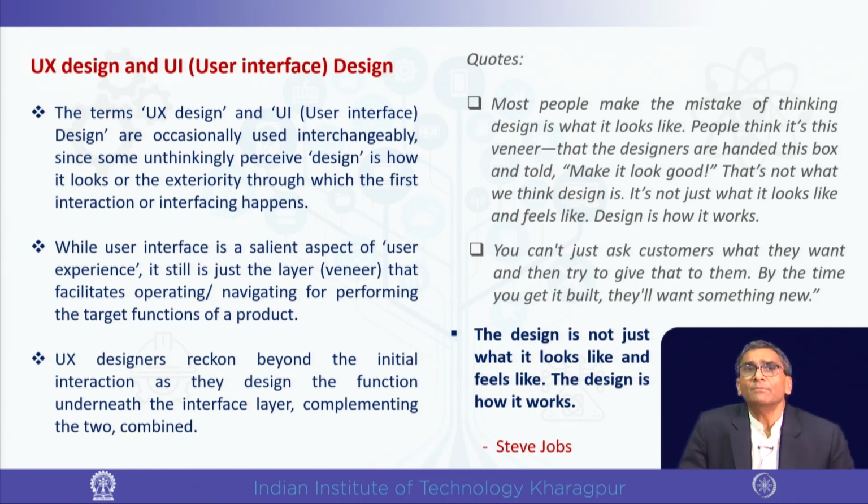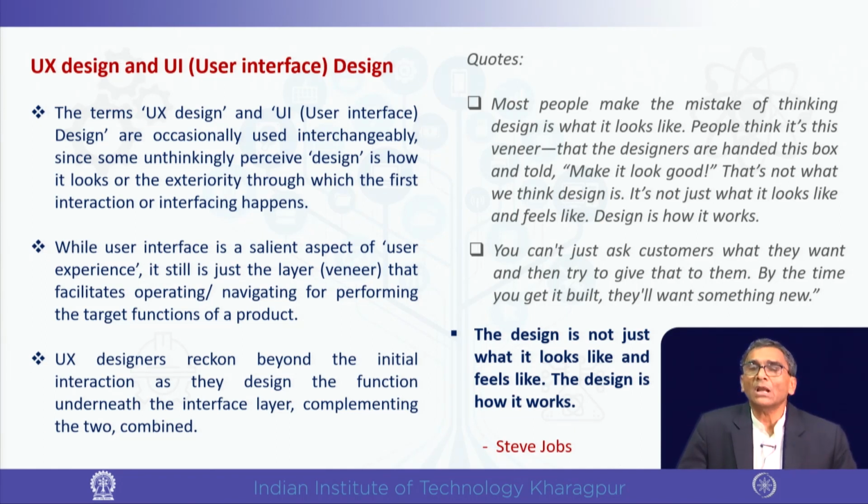Now, but this user interface is still only the upper layer, this upper surface layer, the veneer. But there are many other things inside which go into the main design, which make the product attractive and functioning and purposeful.